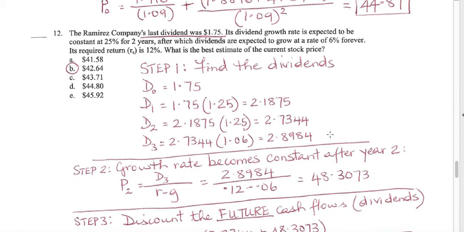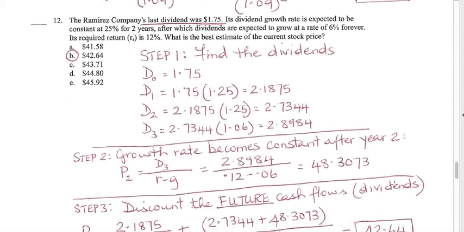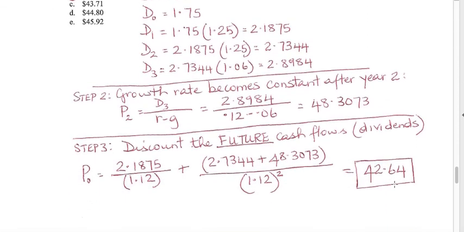You have your dividend in year 3 divided by your R minus your constant growth rate of 0.06, and that is equal to, once again, 48.3073. And then in step 3, you discount the future cash flows.